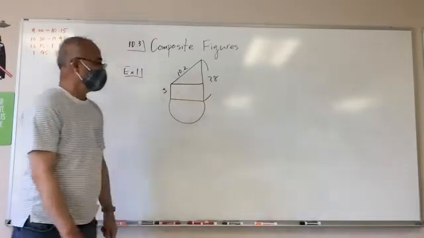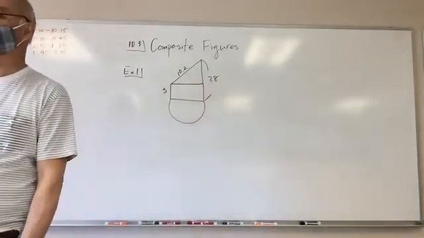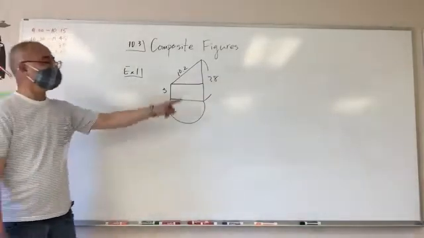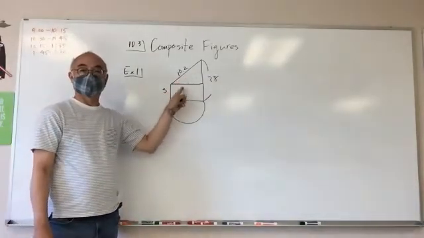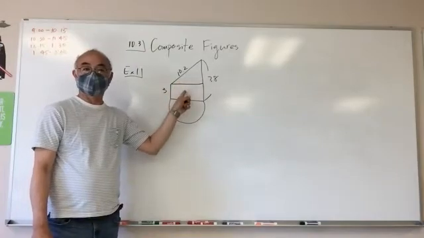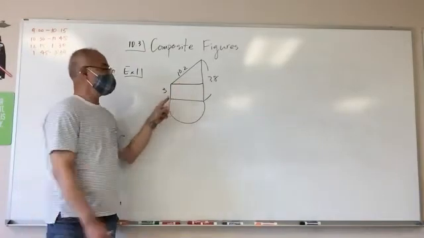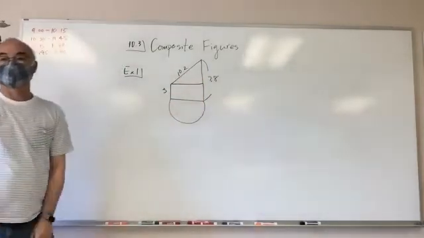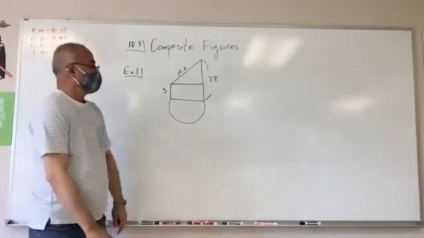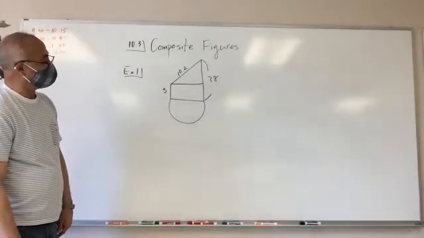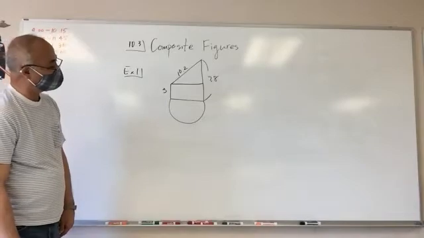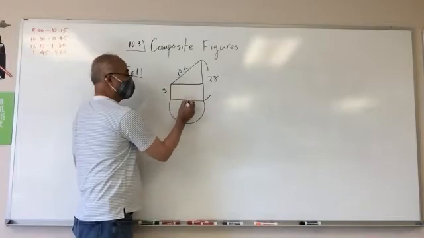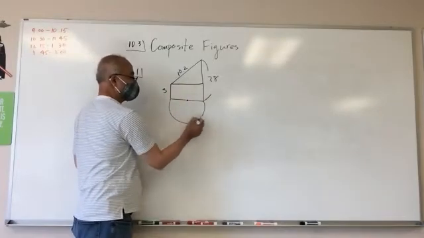There's actually another way to do this, where instead of doing it in 3 parts, you could combine these two as a trapezoid, and then we just add this guy to it. So what's our problem? What do we need to find? We need to find the radius here, correct?